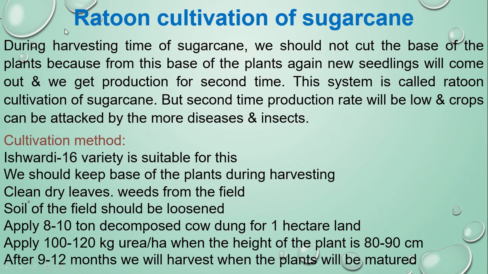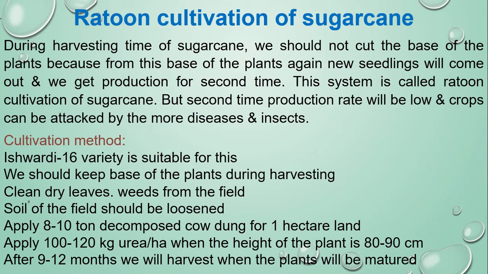Now the most important topic of this chapter as well is called ratoon cultivation of sugarcane. What is a ratoon crop? In simple words, when the first cultivation is done in a place, in a land, at that time we cut the sugarcane and go to the market for selling, and the root system stays in the field.